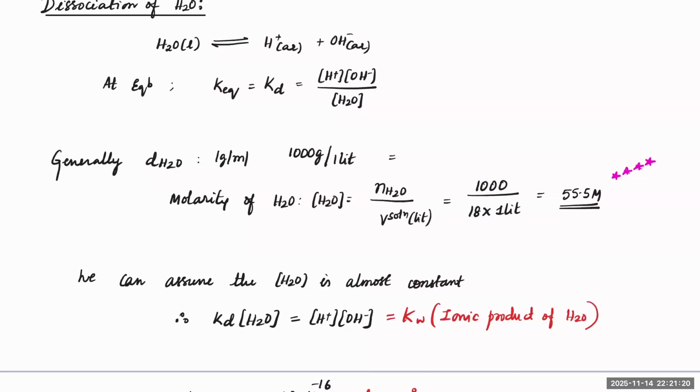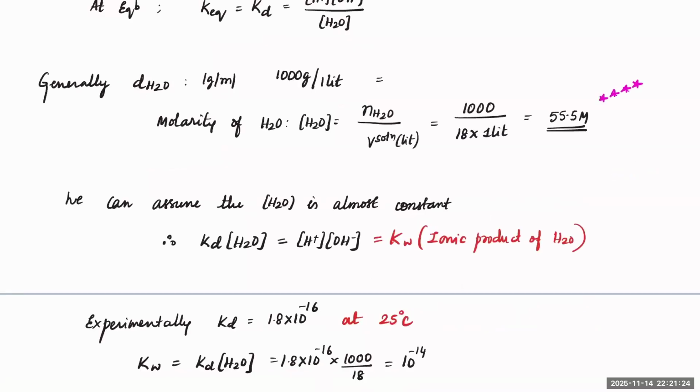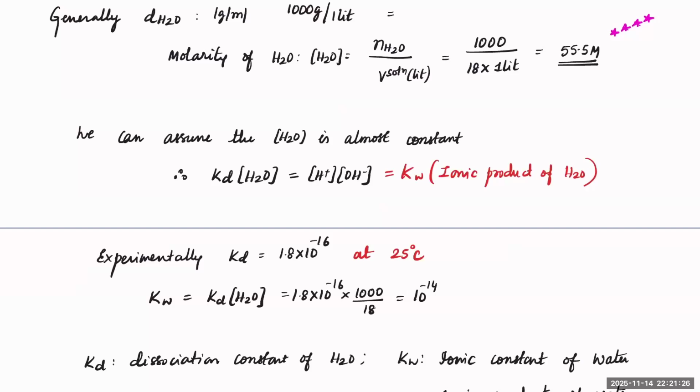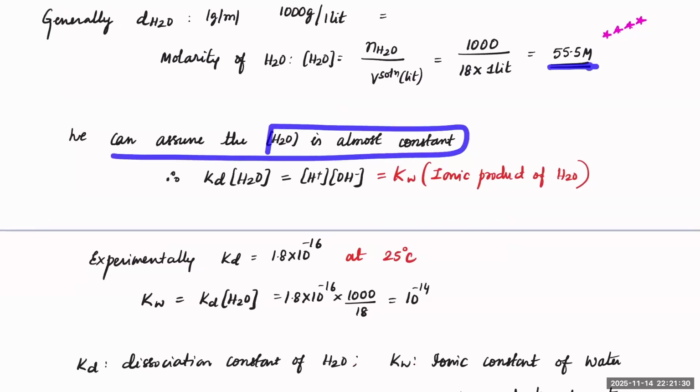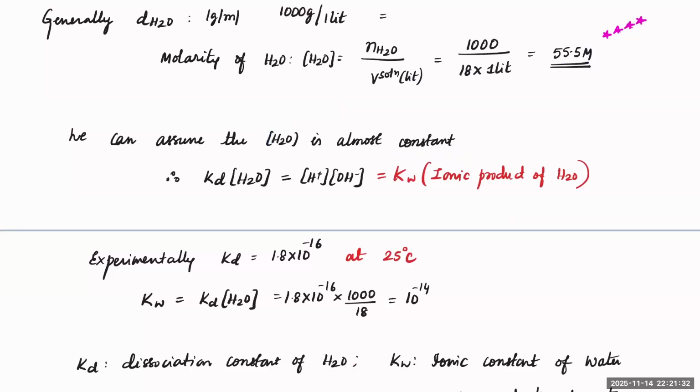So if you know the concentration of water, we assume that H2O is almost constant. For such a high concentration, if there is a minute change in it, will it make any difference? Not much. That's why we always assume that the concentration of water remains constant.